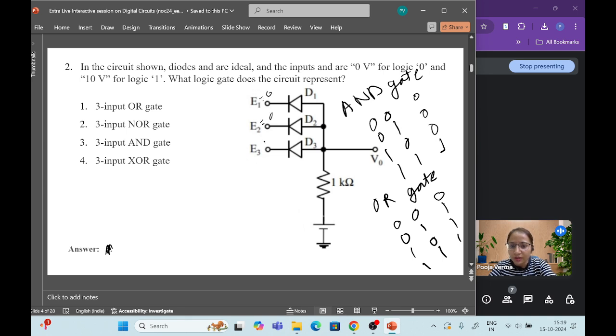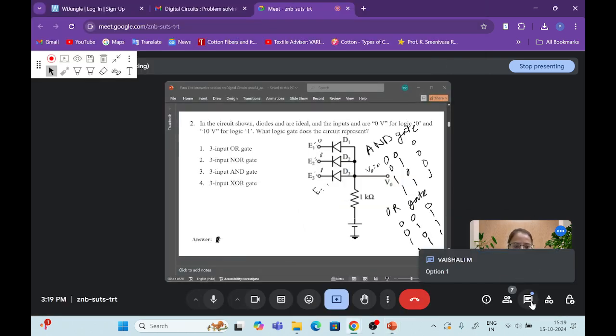All are 0. In that case, the supply also goes here, so the output we will get is 0. But when all the diodes are off, that means E1, E2, E3 are all at logic 1, and we are giving the output 10, right?